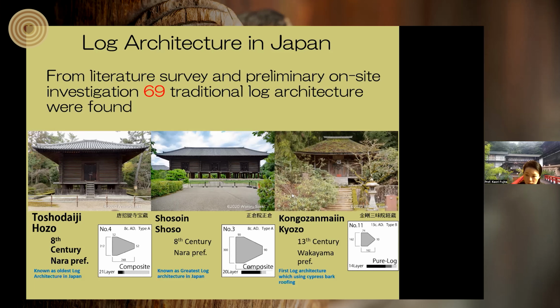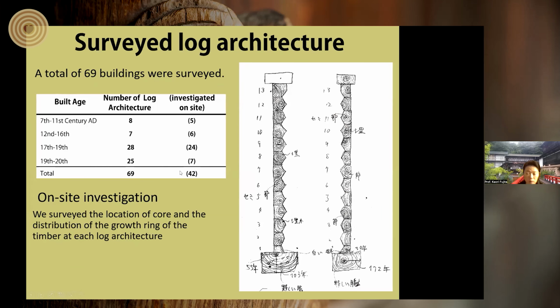And here is a more recent 13th century example, a Buddhist temple storehouse. We carried out on-site investigation of all these 69 buildings, surveying each log, how they are made, where the annual rings are, what the size of the elements is, and so on. Today I will explain a little bit about our results.